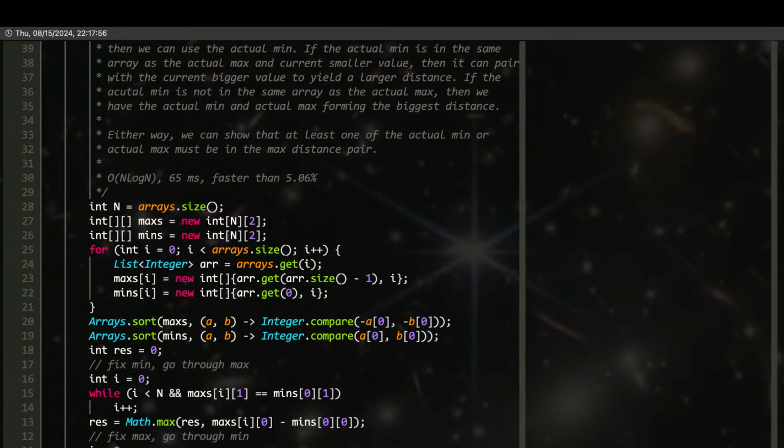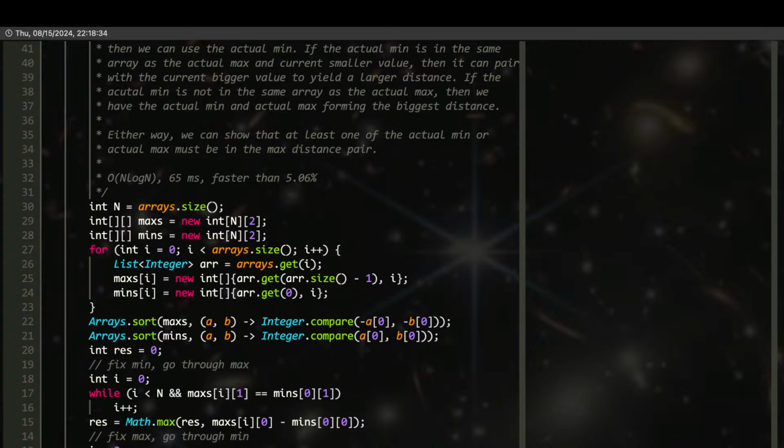This solution is from the top post. It does not sort. It simply goes through all the arrays and keeps track of the overall min and max so far.